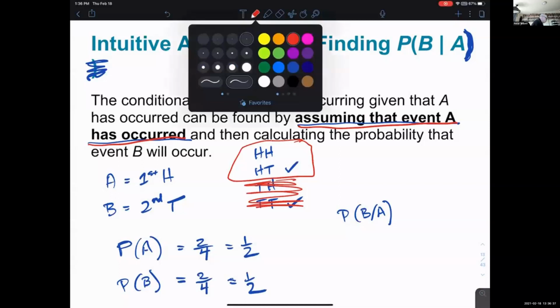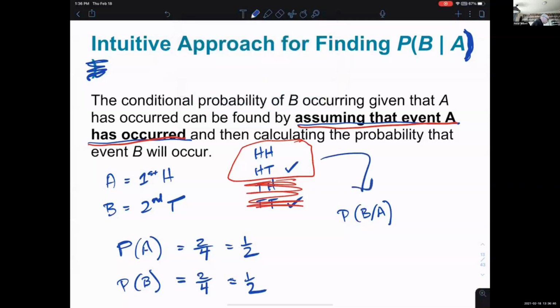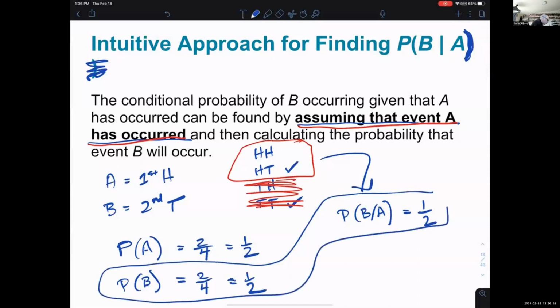But what we can see from those is that still the probability that I get a tail on the second one is 1 out of the 2 possibilities that are left, and it's still 1/2. So this came out the same as this because whether you got heads or not on the first toss doesn't affect the likelihood of what happens on the second toss. So that's why they came out the same.